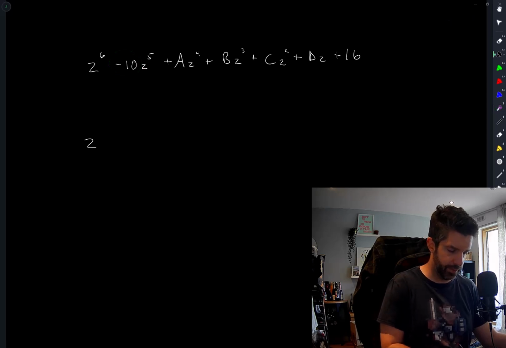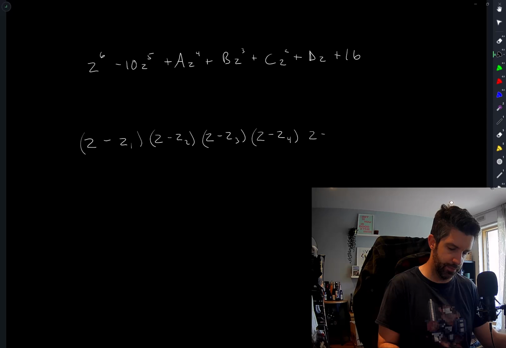So this is z minus, let's call it z1, z minus z2, z minus z3, z minus z4, z minus z5, and z minus z6.